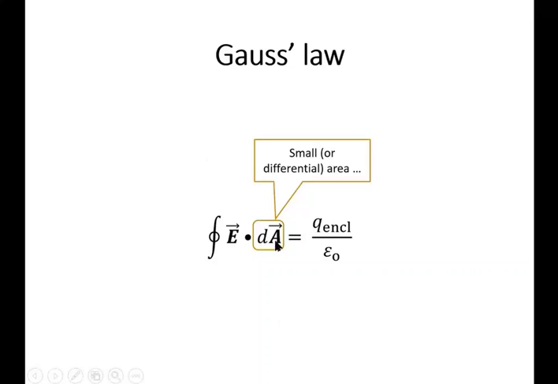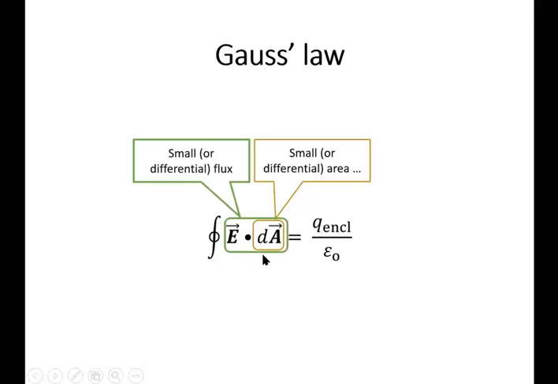So we take small parts of the surface, then we multiply by the electric field strength. This together will give us a small flux, the small area multiplied by the electric field. These together give us the small or differential flux.